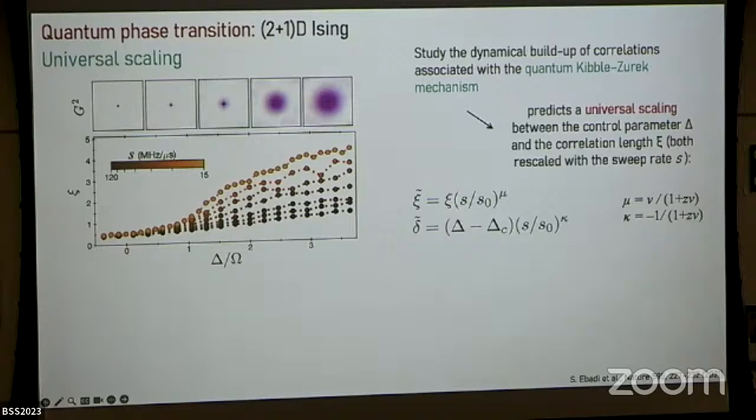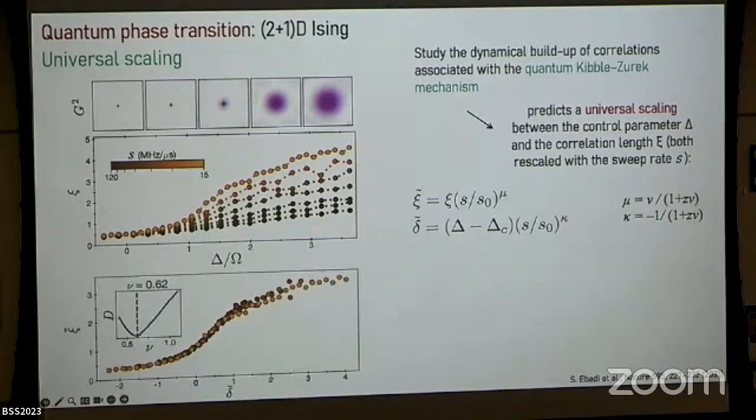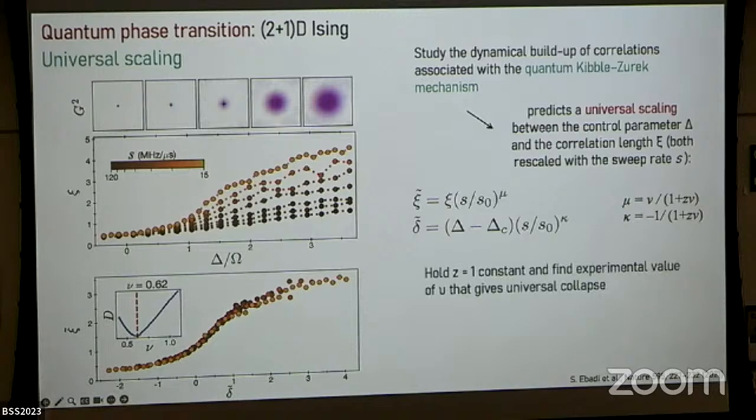Maybe here it's not super interesting to go through the details, but the idea is that if you rescale this data with the sweep rate, you should see that these collapse onto each other. So basically what we do here is we assume that z is equal to 1, and we try to measure nu.